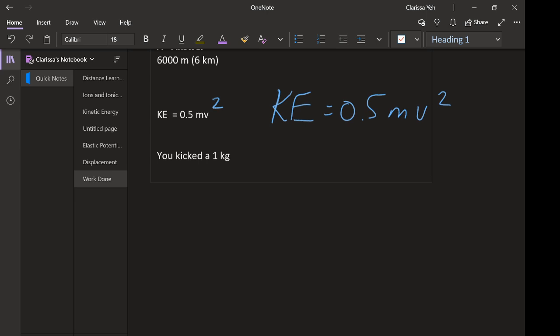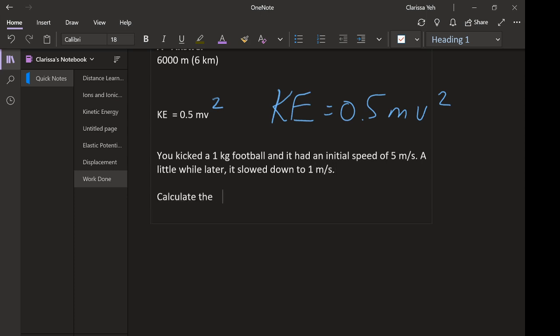I don't know. You kicked a 1 kilogram football and it had an initial speed of 5 meters per second. A little while later, it slowed down to 1 meter per second.